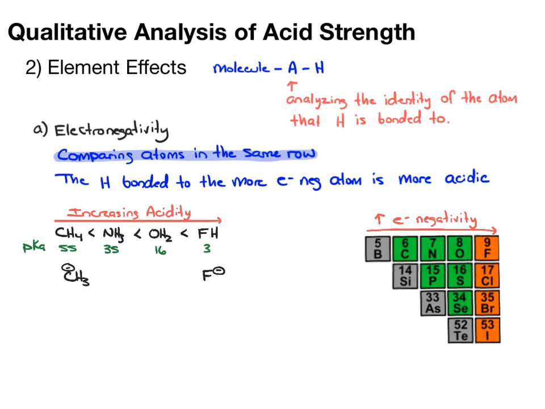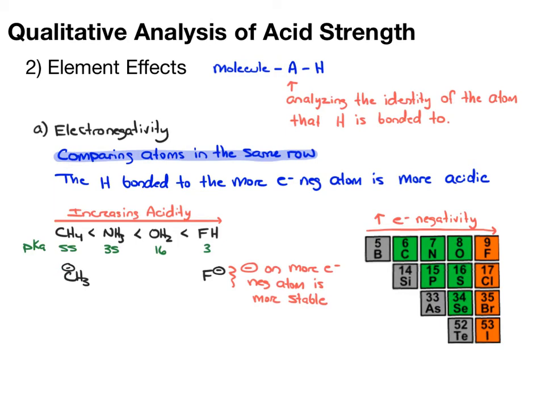Which negative charge is going to be more stable? The one on the more electronegative atom. Because that's a more stable conjugate base, the corresponding acid is a stronger acid. It's more willing to donate its proton because what you get is more stable. CH4 is not willing to donate its proton because what you get is not very stable at all, a negative charge on a carbon.